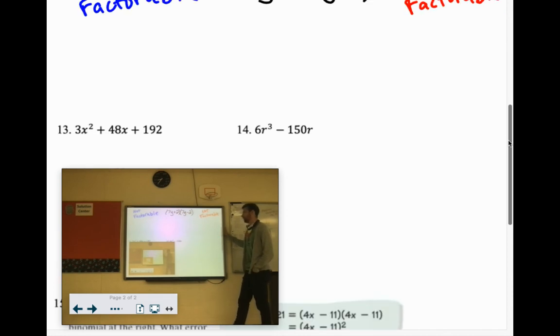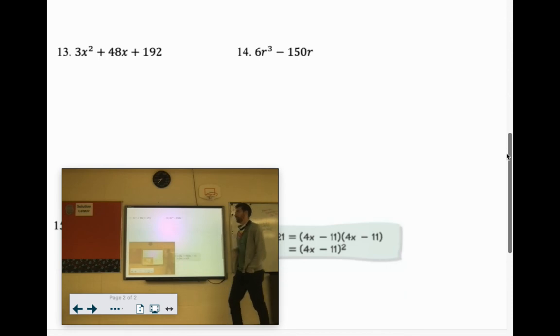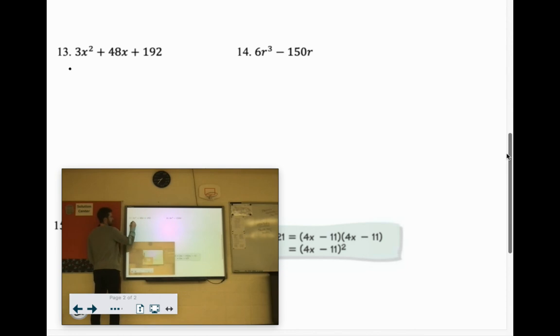Oh dear. 3x squared, that's not a perfect square. 48 is not perfect. 192, none of that's perfect. But do they have a common factor? Yes. We can factor out 3, which would leave us with x squared plus 16x plus 64. Now, is the first term a perfect square? Yes.